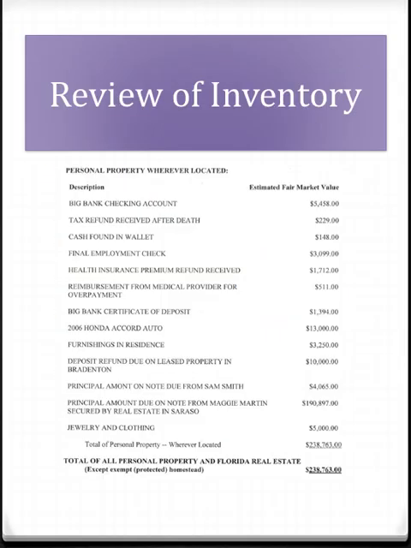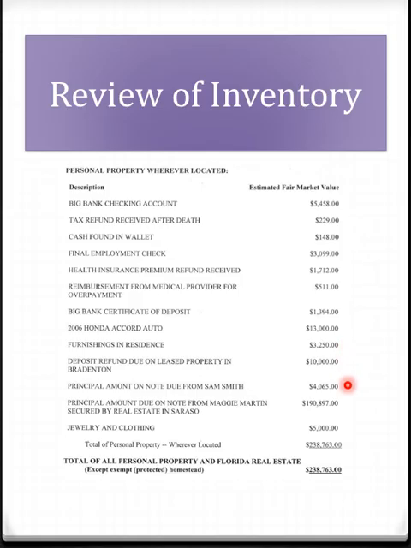So if you look at the inventory, these are all the carrying values of the inventory amounts. So we keep that idea straight. These are the carrying values right here. We have the big bank checking account, the cash, etc. And we have some assets that are non-cash assets, like the Honda Accord, the furnishings.